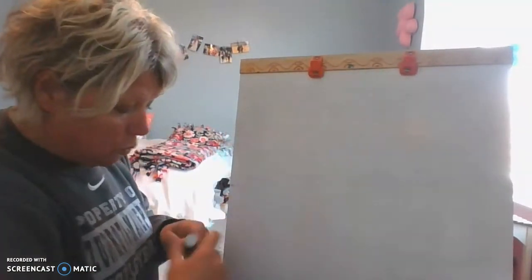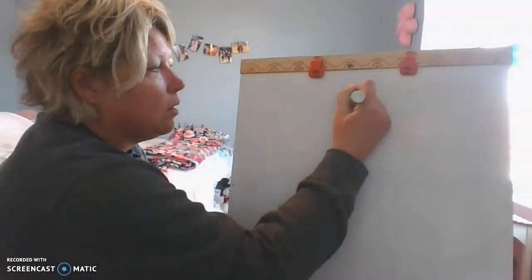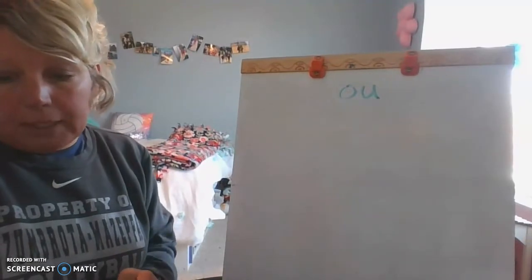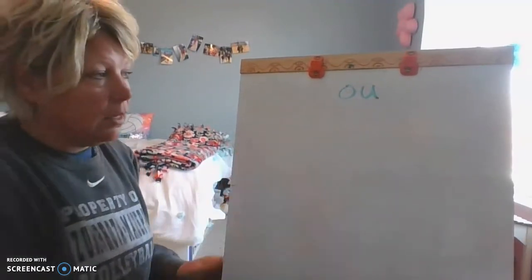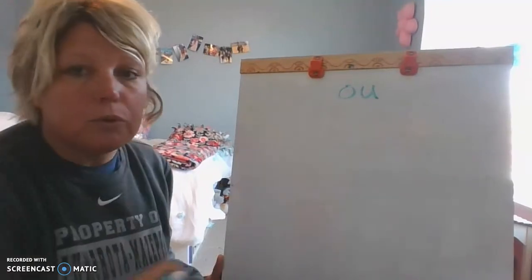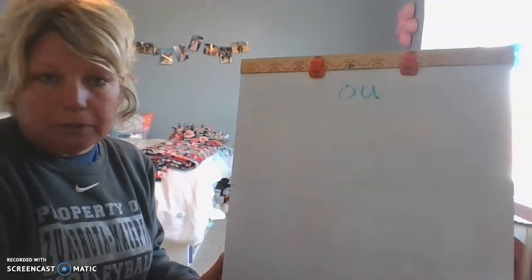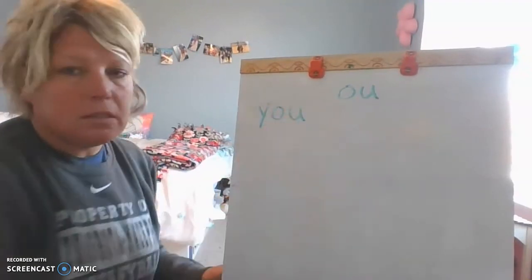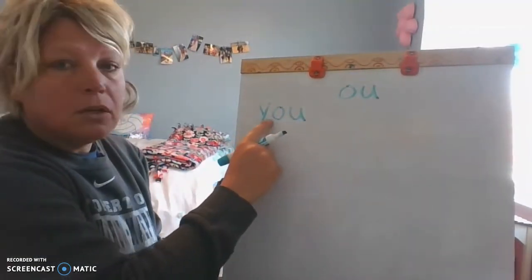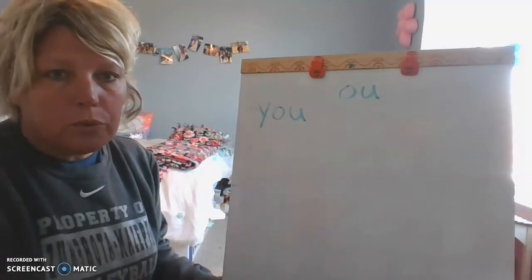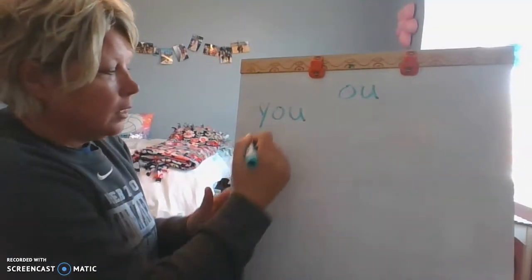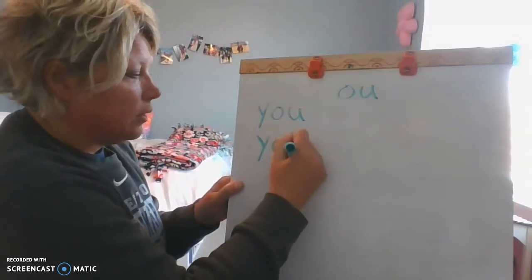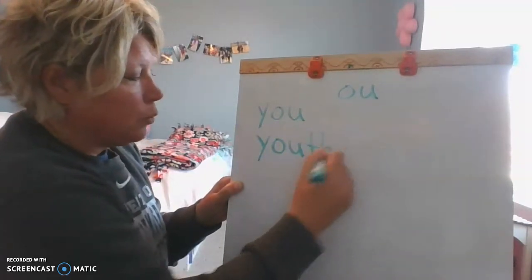So today we're going to look at some of the words that have the OU making the ooh sound. So here's the OU. Now there's not very many, so we probably can make a list of the words that have the OU ooh sound on my board. The first one I think of is this. You, yah-ooh, you are my friend. Another one, if you are young, you are considered a youth.